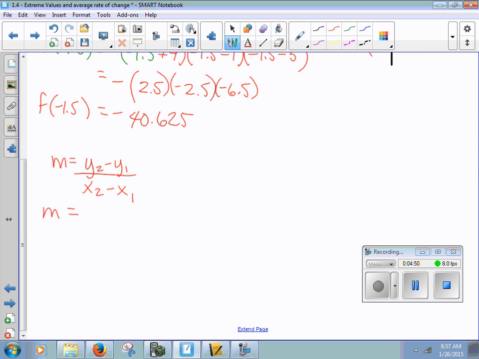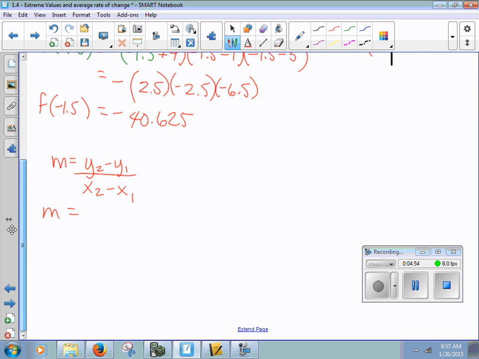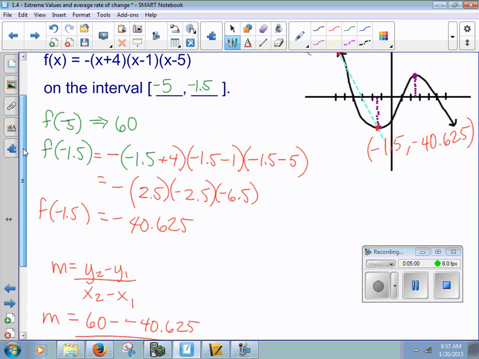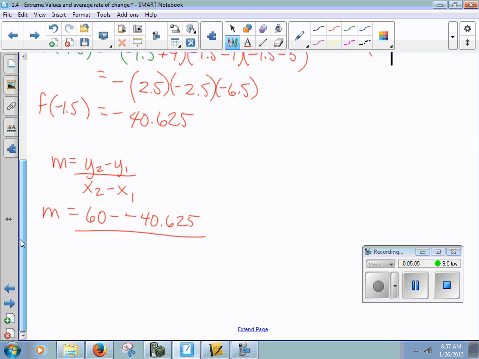Then what are my y values? 60 and negative 40.625. And if I start with 60, then I have to start with what? Negative 5 minus negative 1.5. Now again, just FYI, I am not going to give you something that has a decimal in it.